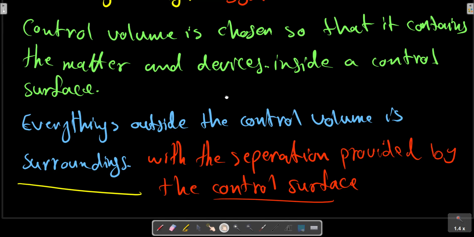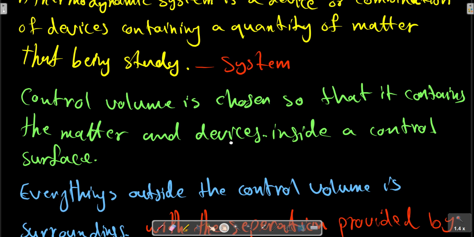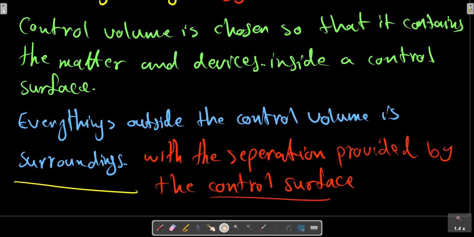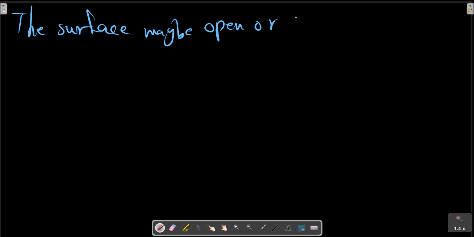So we have a system, control volume, and the surrounding, and also control surface. The surface may be open or closed.